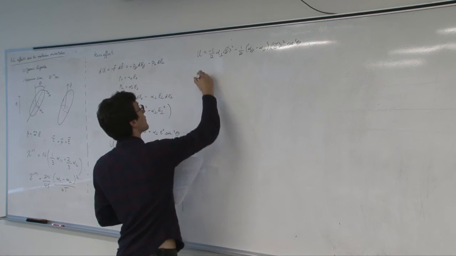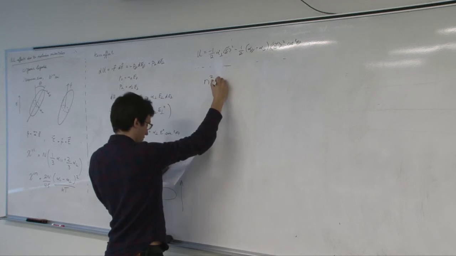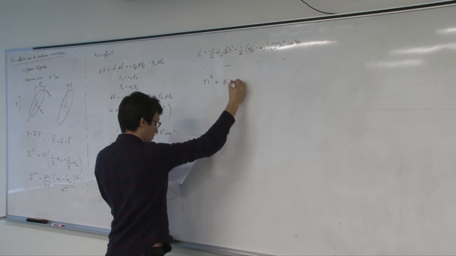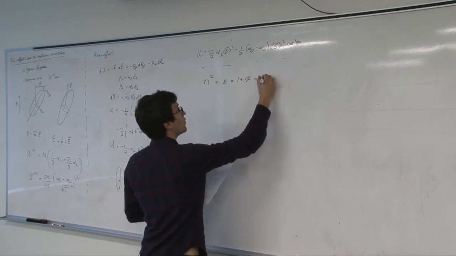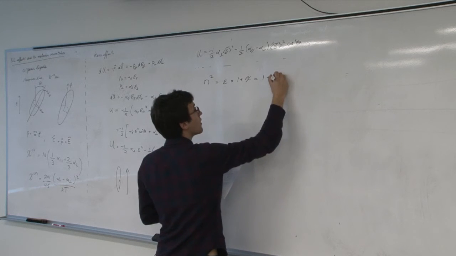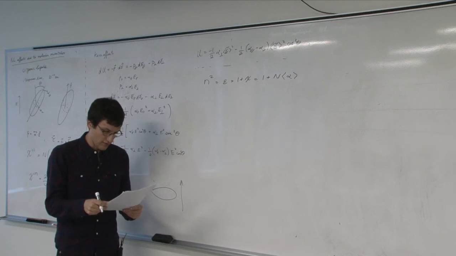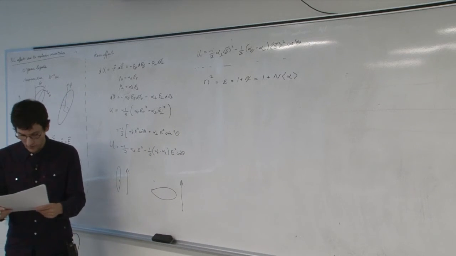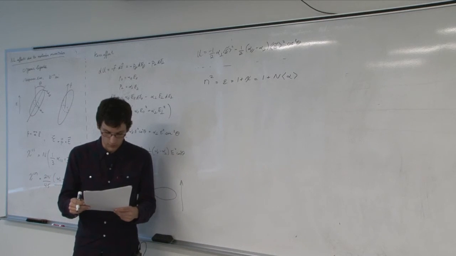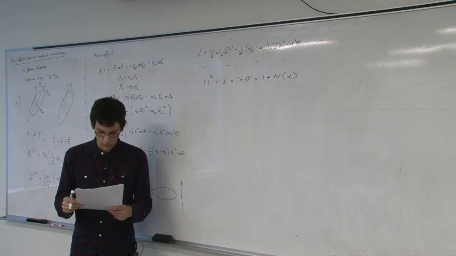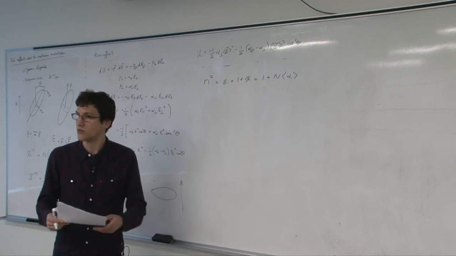The expression is given by n square is equal to epsilon, equal to 1 plus chi, equal to 1 plus n times alpha. So alpha here, rather the average value of alpha, denotes the mean polarizability.